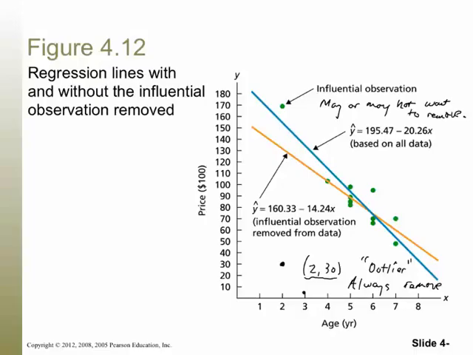The influential one looks like it could be in the trend, and taking it out has a great influence on the line. This outlier doesn't belong in the data set. We could guess that this point was really 2, 130, or 2, 13,000: after 2 years the car was worth 13,000, and the 1 somehow got removed, leaving 230. That's an outlier. Get it out. We don't want it.